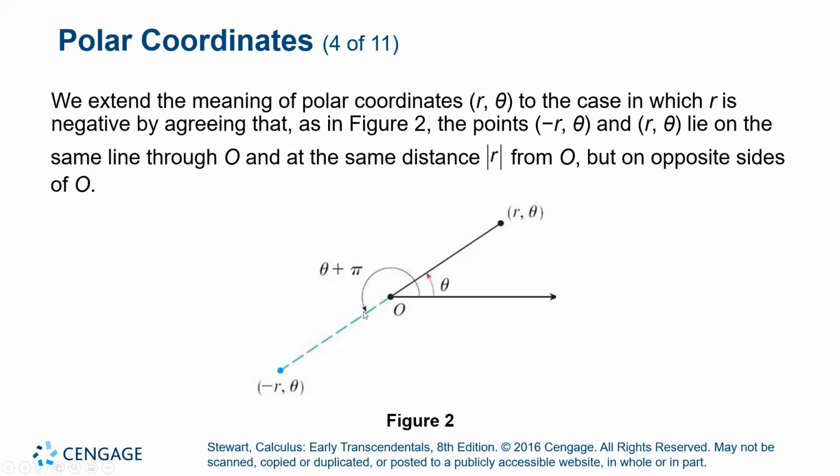Theta plus pi is your new angle, and then r gets you out to the point negative r, theta. So again, it looks completely different, but the way you deal with a negative r value is by simply going the other direction on the line segment that you would have gone if r was positive.